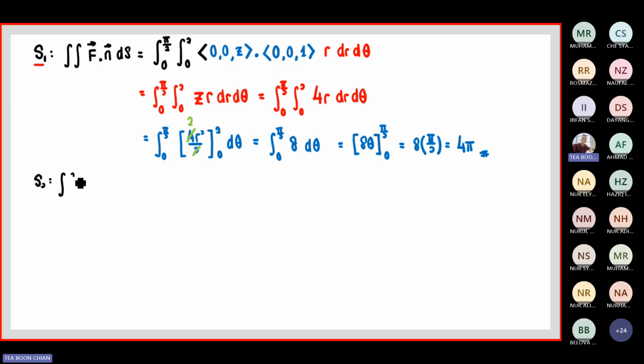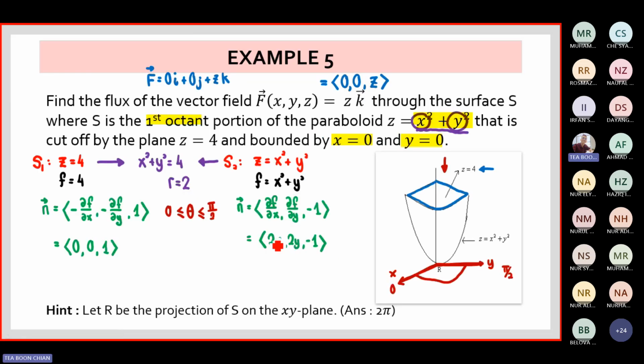So double integral for the second surface, f dot normal vector n ds. Again, I will be having the same integral 0 to pi over 2, same r 0 to 2. F still the same, 0, 0, z. But now I will dot the product here, 2x, 2y, and negative 1.